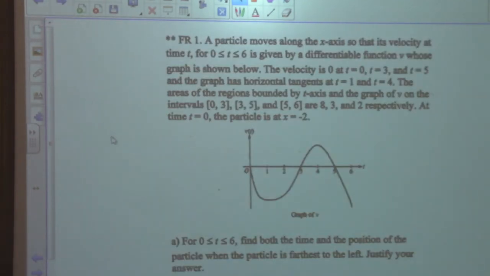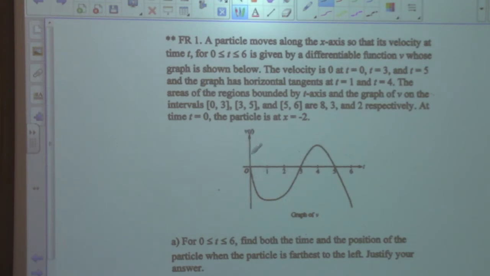But there are key words, and we're going to use this. Now here's the first problem they give us. A particle moves along the x-axis, so its velocity at time t is given by a differentiable function v whose graph is shown below. Okay, so here's the graph of that function.